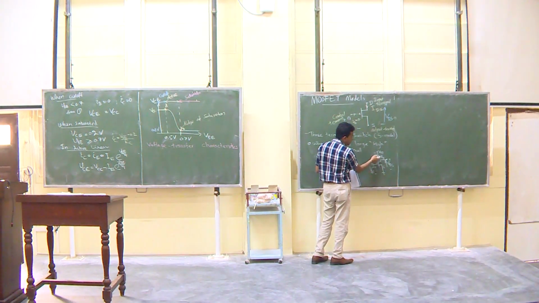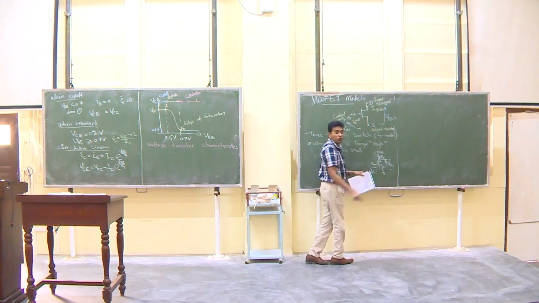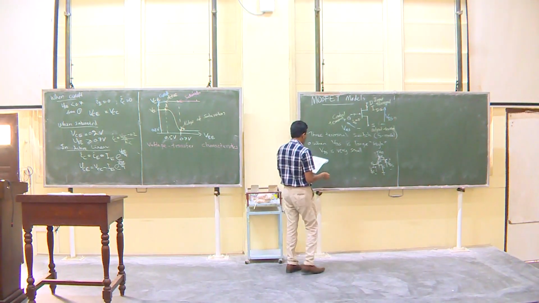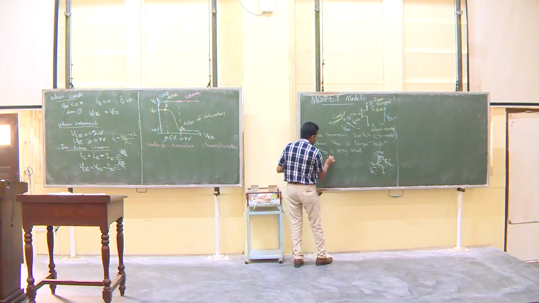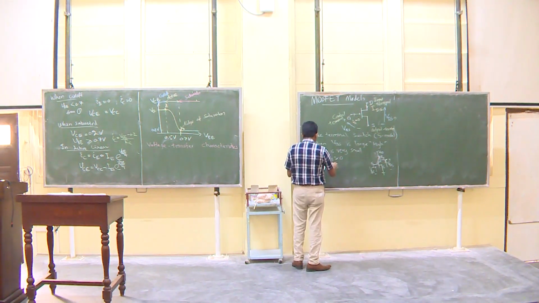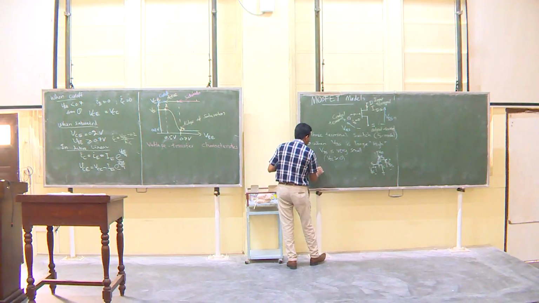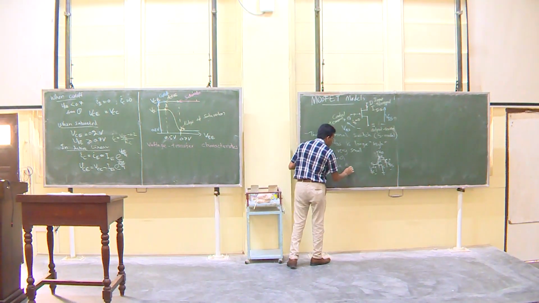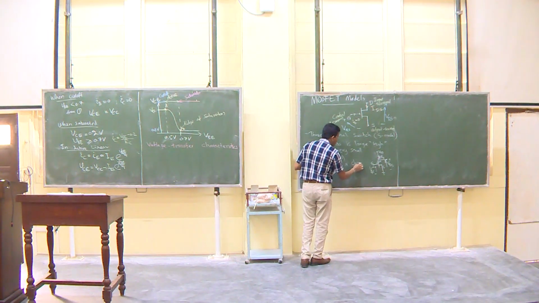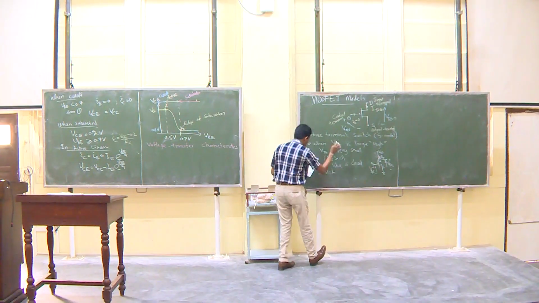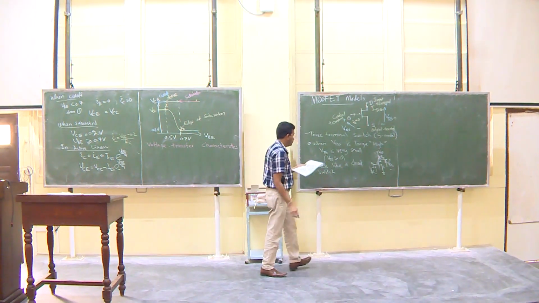So, therefore, there will be no voltage drop across RD. So, therefore, this VDD is equal to the VDS. So, therefore, VDS will be high, right. So, VDS is roughly equal to 0, very small. So, it acts like a closed switch. It's like a closed switch.